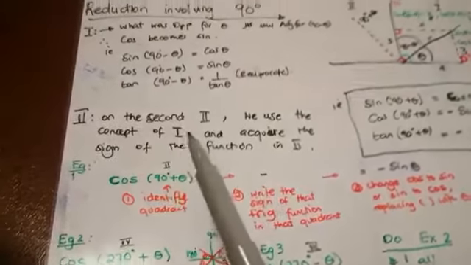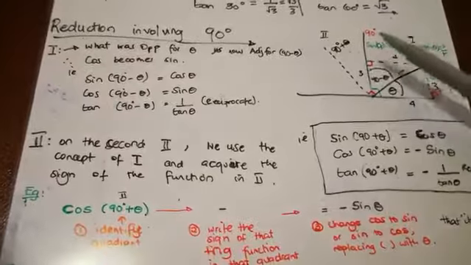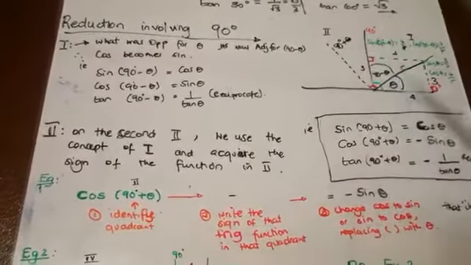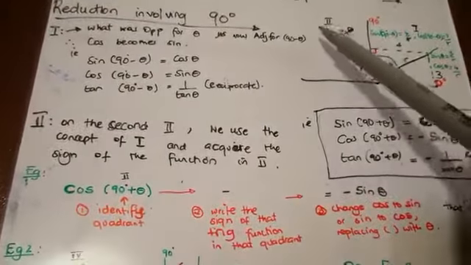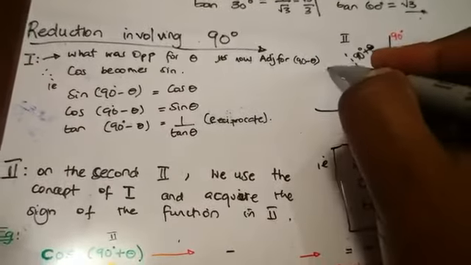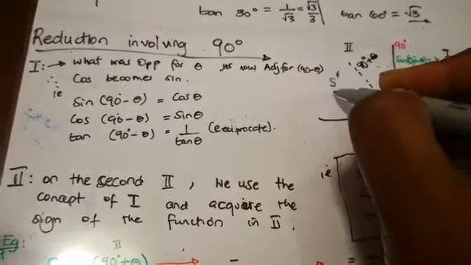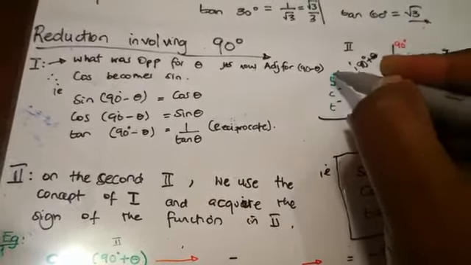Okay, now on the second quadrant, like I've said, we just use the information that we got from the first quadrant by changing sine to cos and cos to sine, and then you use the signs that are here. So remember, we said sine here is positive, cos is negative, and tan is negative.